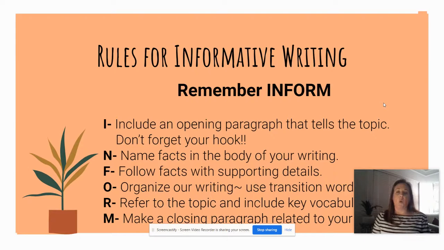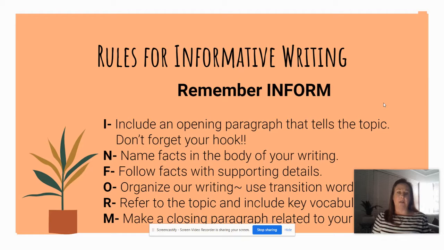Okay, and the next thing is organizing your writing. Make sure that you're using transition words and that you're making it flow so we get an idea of what you're telling us. Also, make sure you stay in sequence, that you're starting from the beginning, going all the way to the end. And the next thing is refer to the topic and include key vocabulary.